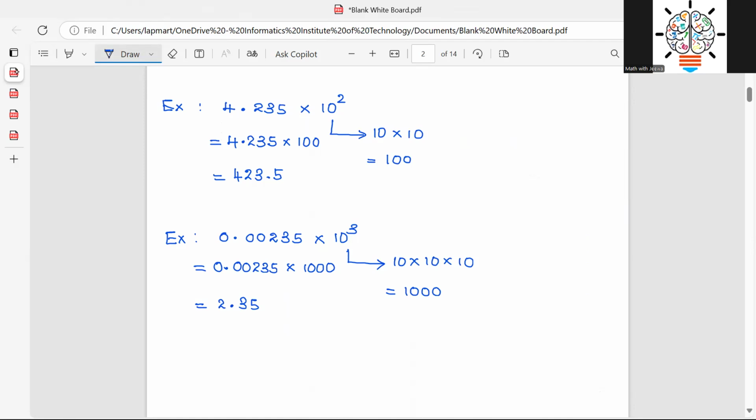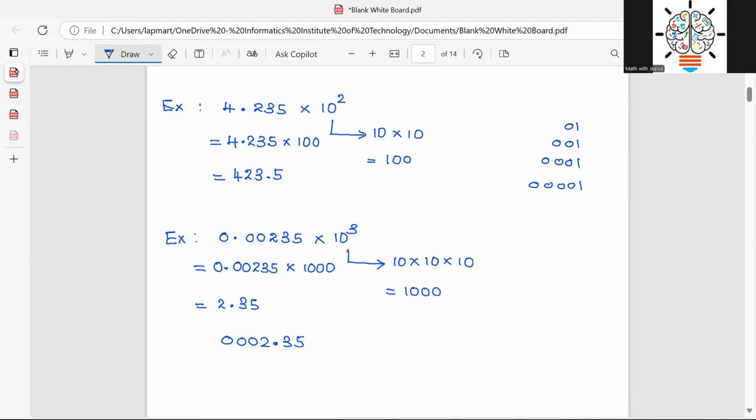Why did I take this example? When you are writing the final answer, some students write it like this. I can't say it is wrong, but there is no need to put the zeros in the front like this because we know there is no value change. For example, if I write 1 and if I write it like this, it's the same, right?